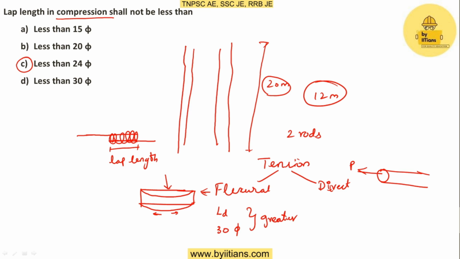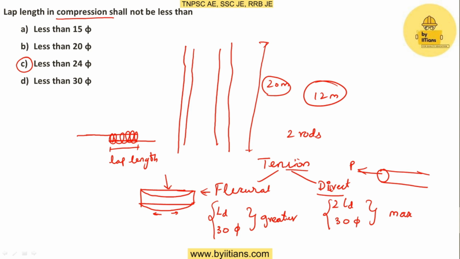In case they are asking for direct tension, the value will be 2 into LD, development length, or 30 times the dia, whichever is the maximum value; we have to take it as the lap length for direct tension. So 3 things we have to remember: one is for flexural tension, another is for direct tension, another is for compression.